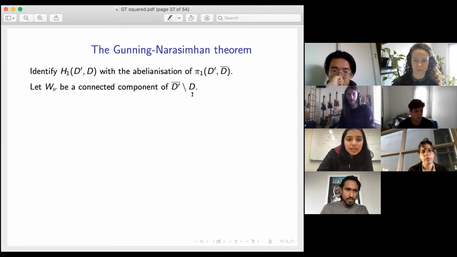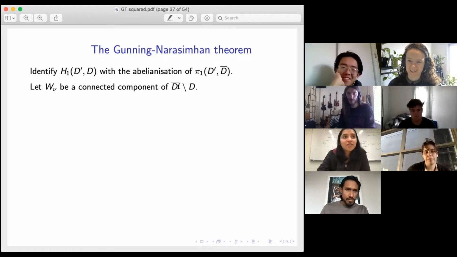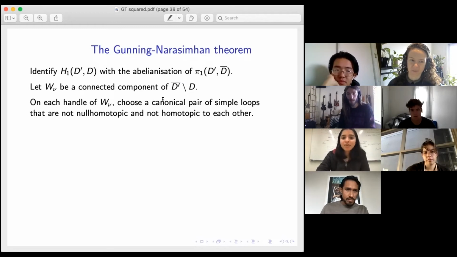Now let W mu be a connected component of the closure of D prime, remove D. I should have picked better symbols for this because when I'm saying it out, it's so clunky. Now on each handle of W mu, just choose a canonical pair of simple loops that are not null homotopic and not homotopic to each other.